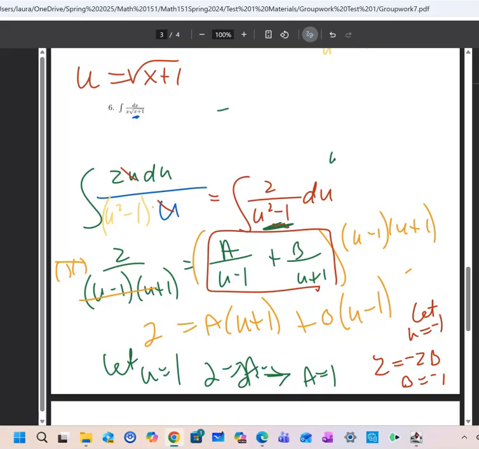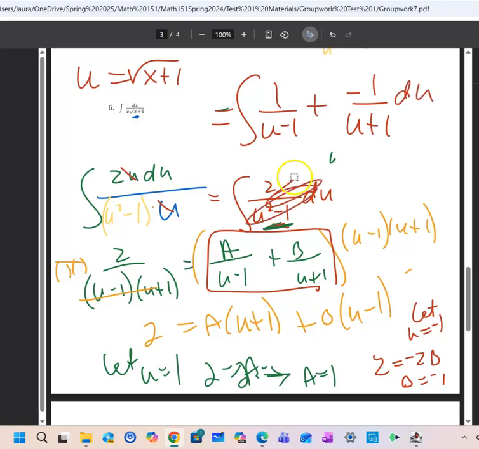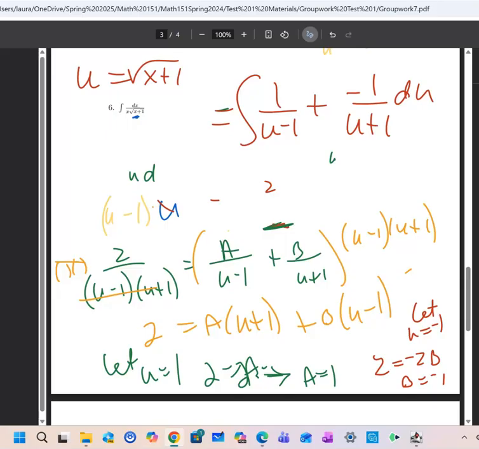So what I've got right now is A, which is 1 over u minus 1, and then B, minus 1 over u plus 1, du. Now I'm ready to take the antiderivative. That's easy. They're just ln guys.